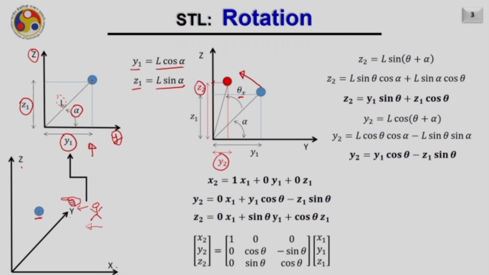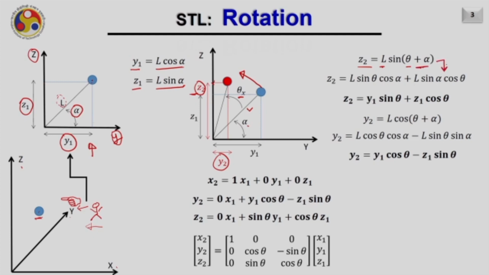Now, let us write z2. z2 will be equal to the length L. This length will remain the same because I am only rotating it. So, z2 will be equal to L into sin of theta plus alpha.